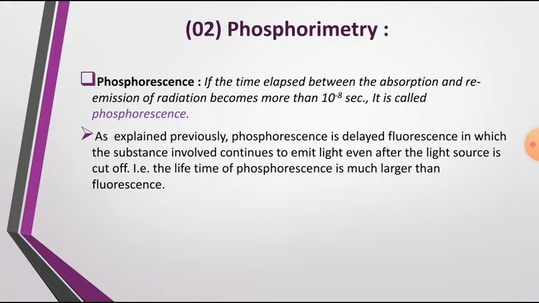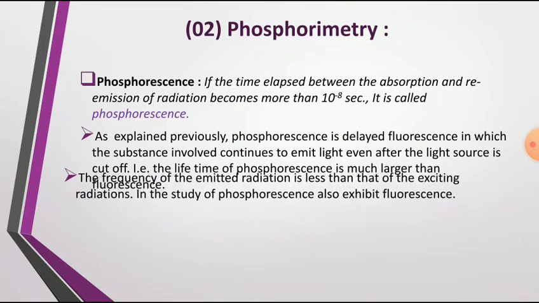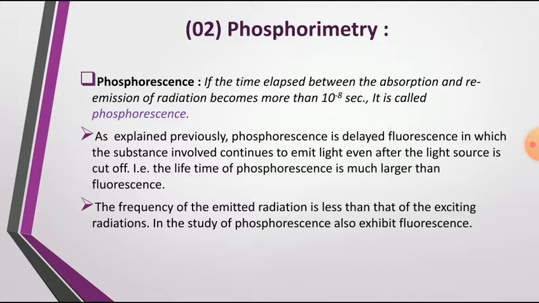That means when we cut off the radiation source, it will emit the phosphorescence. The lifetime of phosphorescence is much larger as compared to fluorescence. The frequency of the emitted radiation is less than that of the exciting radiations.